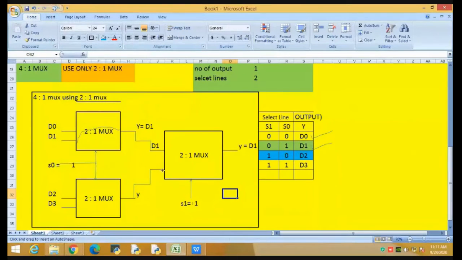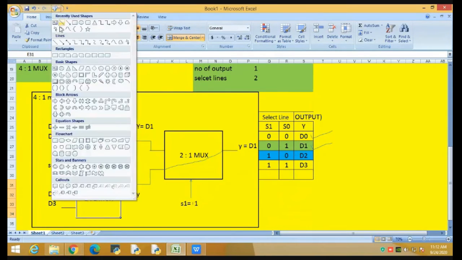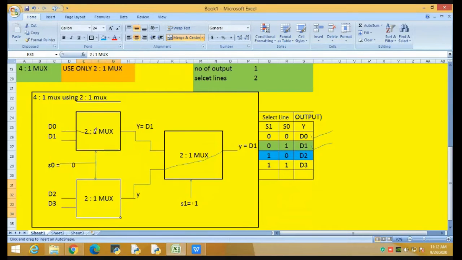S1 equal to 1, so the second input is connected to the Y. So the first input is released from the Y because here S1 equal to 1. And here S0 equal to 0. So this 0 goes to here also and here also.